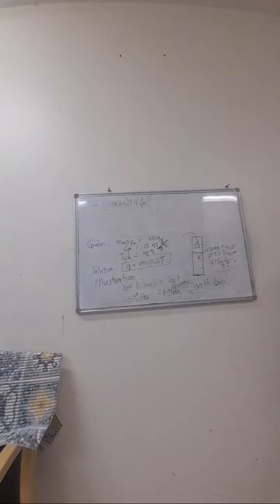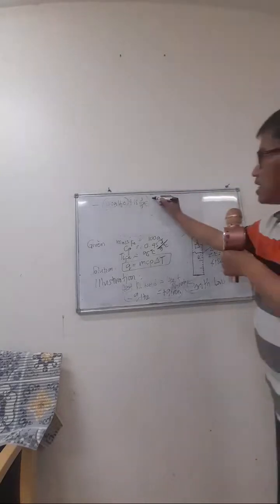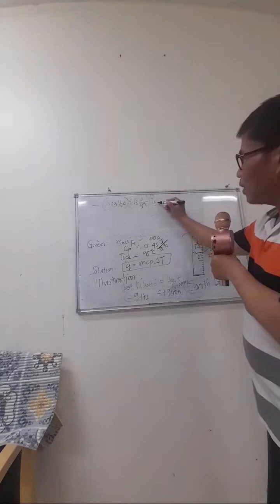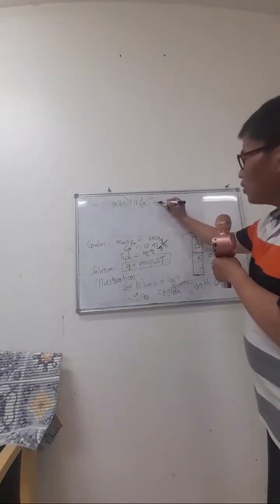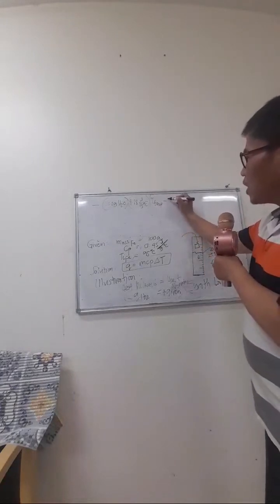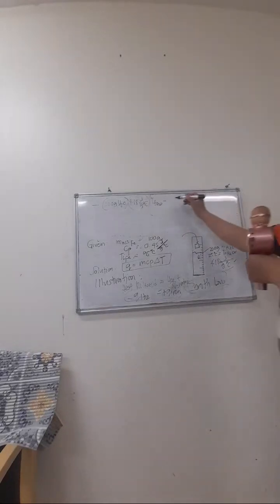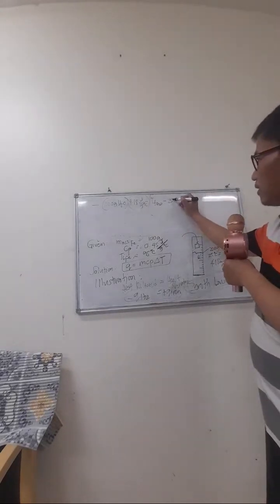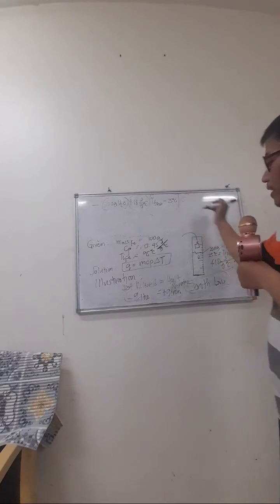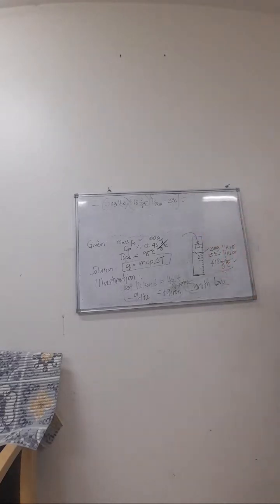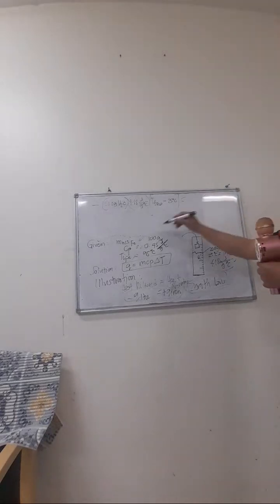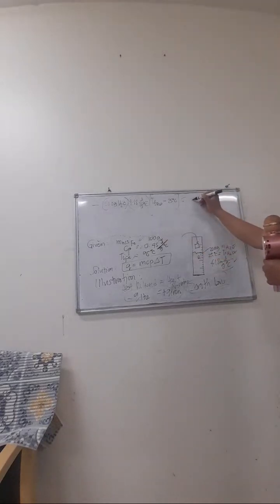So, the final temperature is missing for both because this is a mixture. So, T_f water, because we start with water, minus initial temperature of water. It's mentioned, right? 25 degrees Celsius, is equal to the heat absorbed of iron. So, positive Q. Mass of iron here, 100 grams.